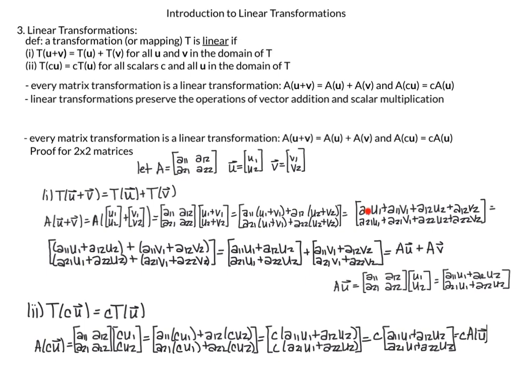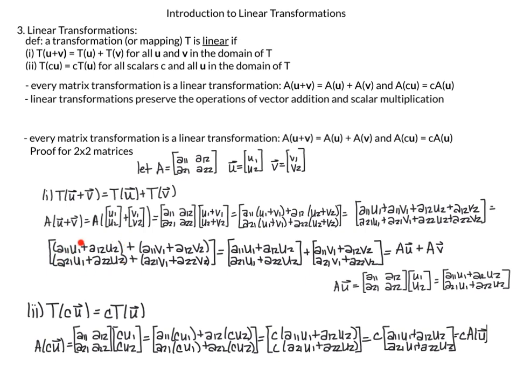So I group A11 U1 plus A12 U2. Then I group my V terms, A11 V1 and A12 V2 here. I do the same thing for the second row. So A21 U1 plus A22 U2, these are these two U terms. And then A21 V1 plus A22 V2, these are these two terms.